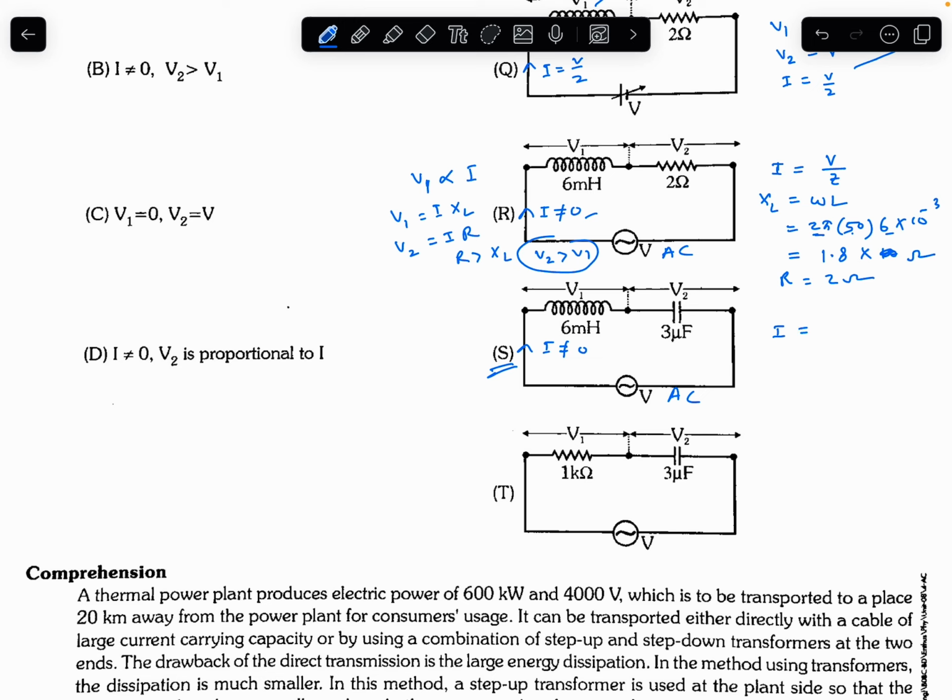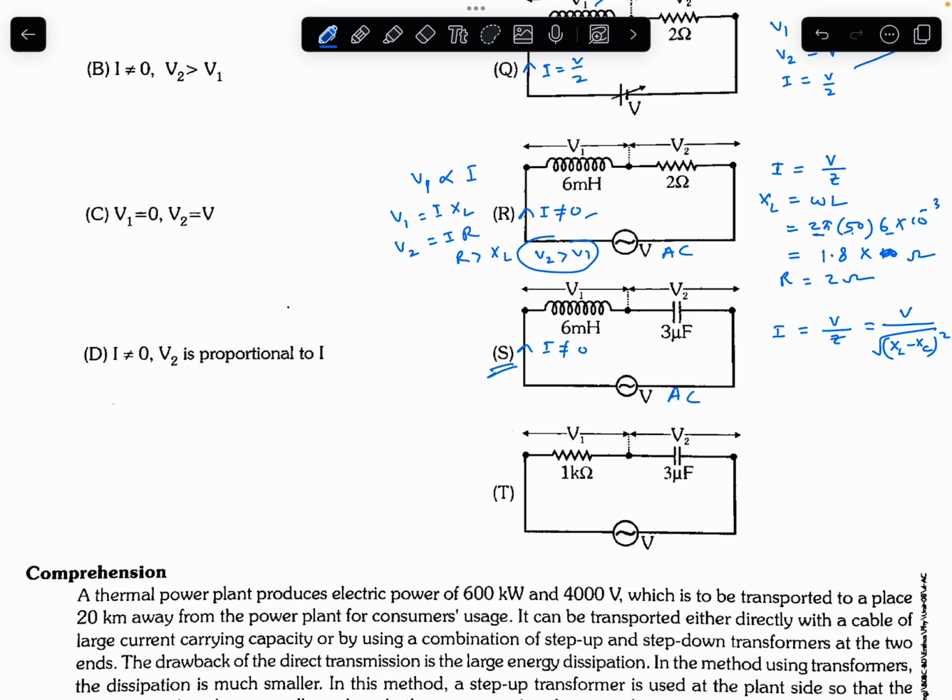Current will be again V by Z. So that will be V by root of XL minus XC whole square, so basically V by XL minus XC directly you get. R is 0 here, so current is not equal to 0.